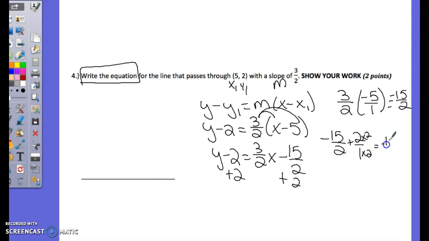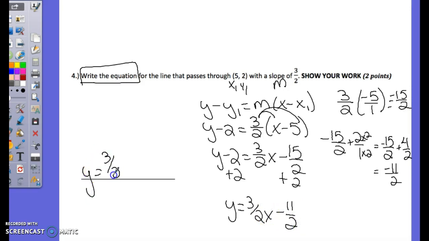So you get negative 15 over 2 plus 4 over 2, which is negative 15 plus 4 is negative 11 over 2. So your final answer is y equals 3 halves x minus 11 over 2.